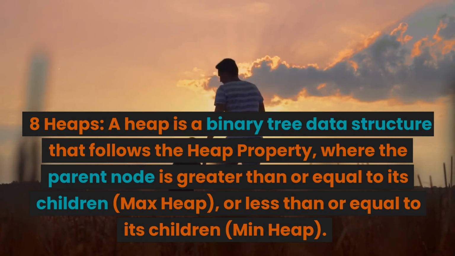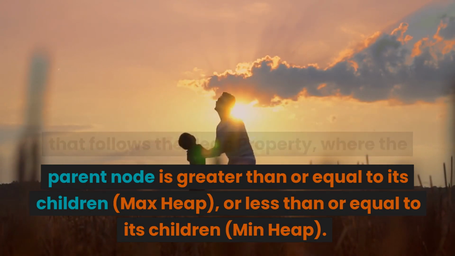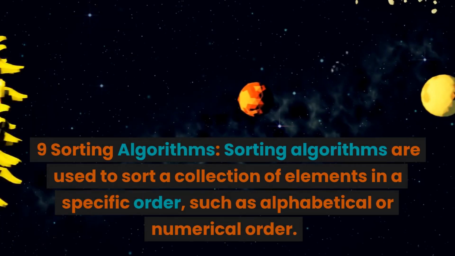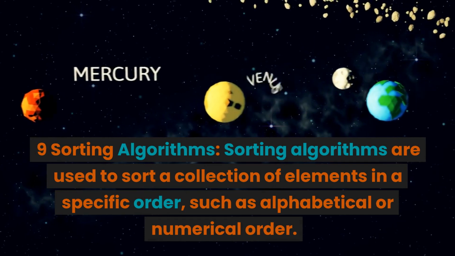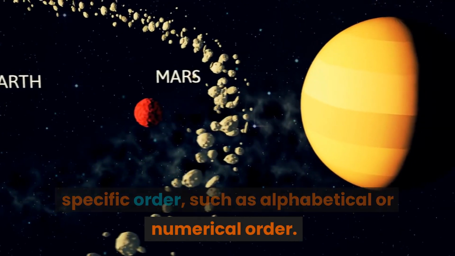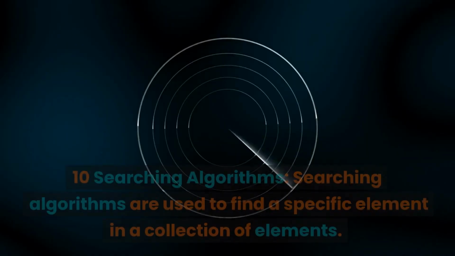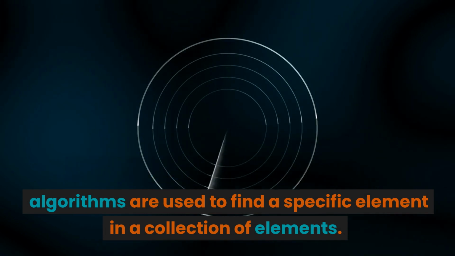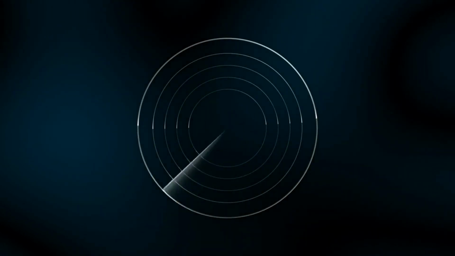8. Heaps. A heap is a binary tree data structure that follows the heap property, where the parent node is greater than or equal to its children, max heap, or less than or equal to its children, min heap. 9. Sorting algorithms. Sorting algorithms are used to sort a collection of elements in a specific order, such as alphabetical or numerical order. 10. Searching algorithms. Searching algorithms are used to find a specific element in a collection of elements. 11.